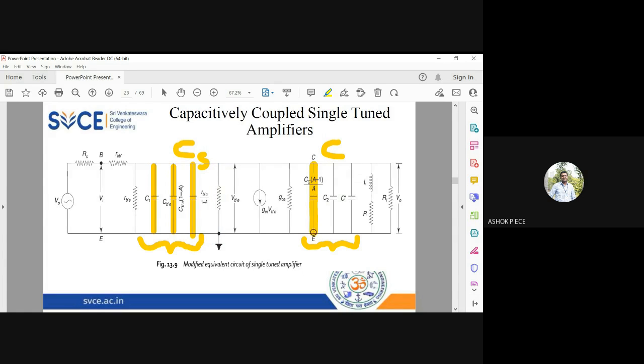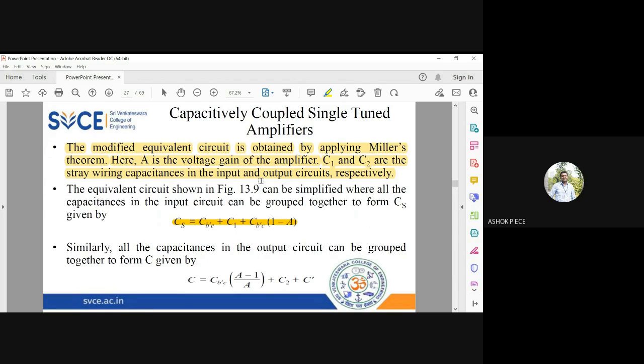These three, C B dash C into A minus 1 by A, C2, and C dash, are added and the equivalent value is assigned to the capacitance value C. That's why I did not take C in the diagram. I took the value as C dash in the diagram because C will be the actual value of capacitance which will come in the formula for the tuned amplifier. So on the input side and output side, six capacitances become two. These three will become one and these three will become one. Same way, I am adding everything and equating it to C.